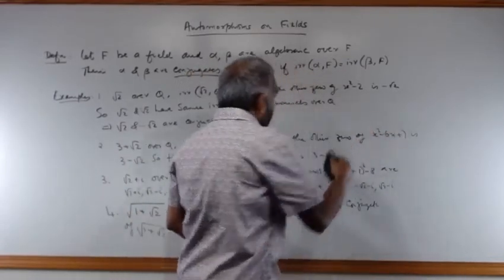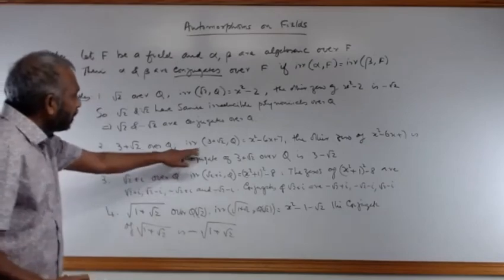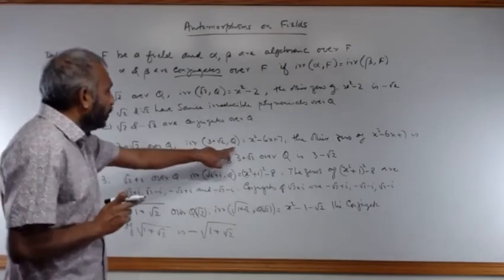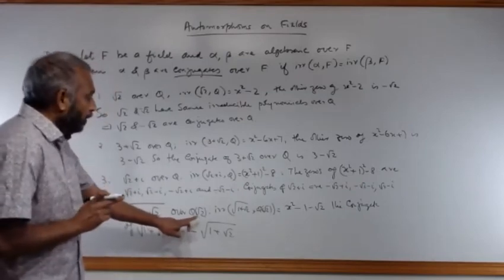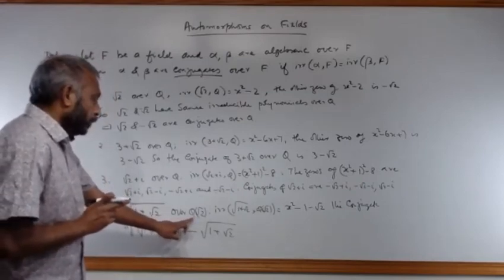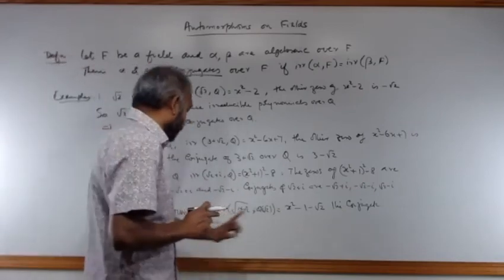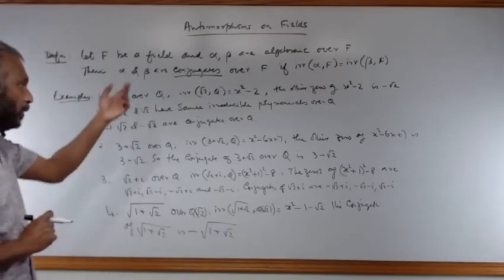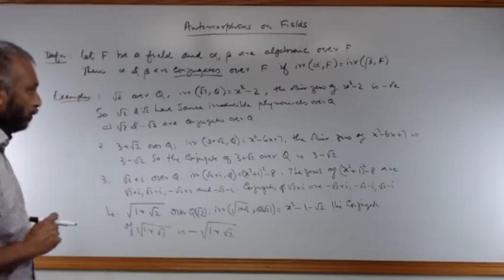The difference between these two examples is that here you are going to find the irreducible polynomial over Q of root 2. If it would have been Q, then you will have 2 more elements here, because the irreducible polynomial is going to be 4th degree.